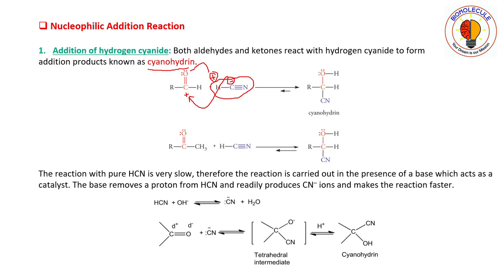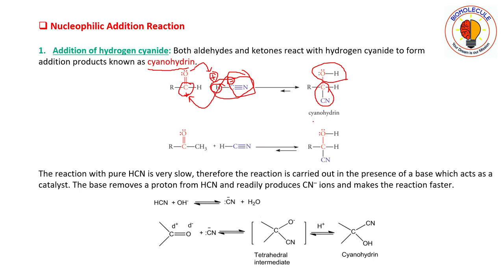In both cases, the oxygen will add the hydrogen atom, whereas the carbonyl carbon will add the cyanide group. So in the final molecule, you can see that oxygen has added the hydrogen and carbon has added the cyanide group.